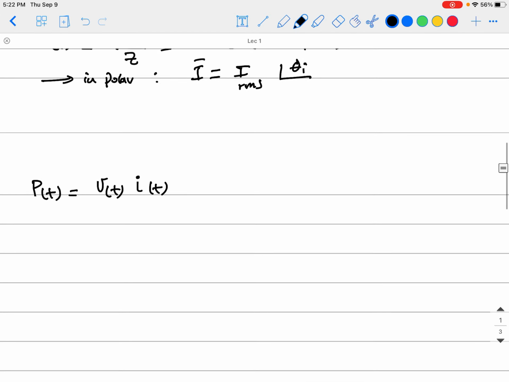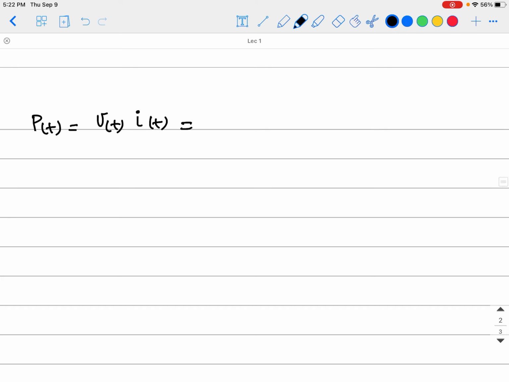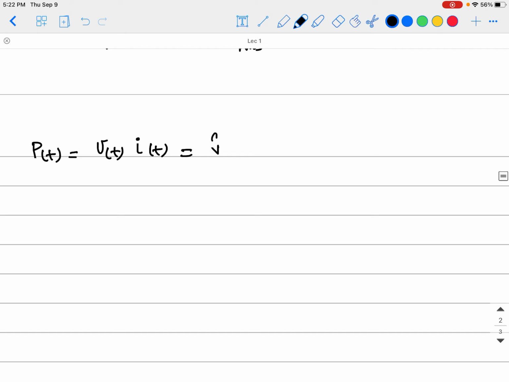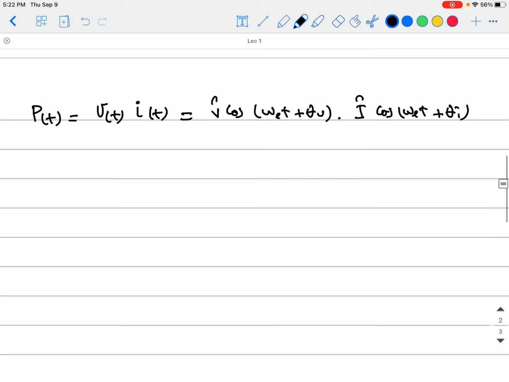Okay, guys, if you multiply those representations, which is V cosine omega t plus theta V, by the current, which is I magnitude cosine omega t plus theta I, and work through the cosine identities, it will land with V I cosine theta plus V I cosine of 2 omega t plus theta.